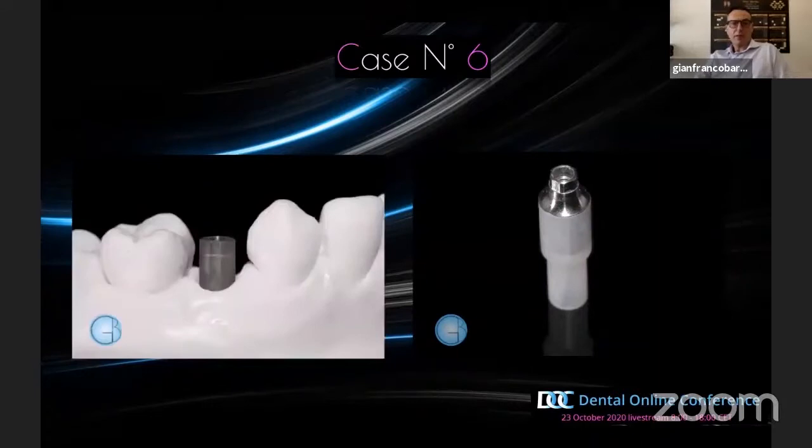This one we can see here on the left is the line that gives us the stop. We cannot go under this line, to be sure that the resistance of the abutment is guaranteed.